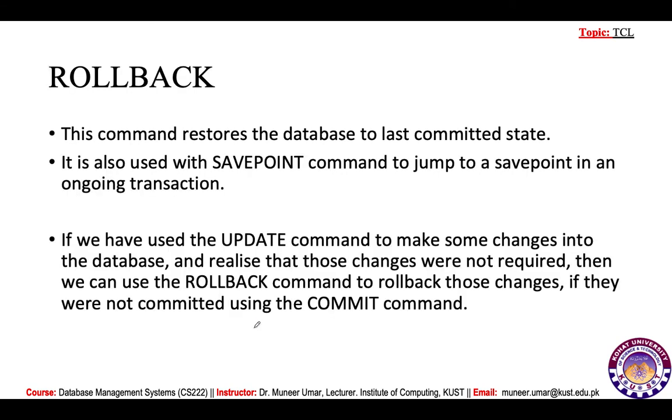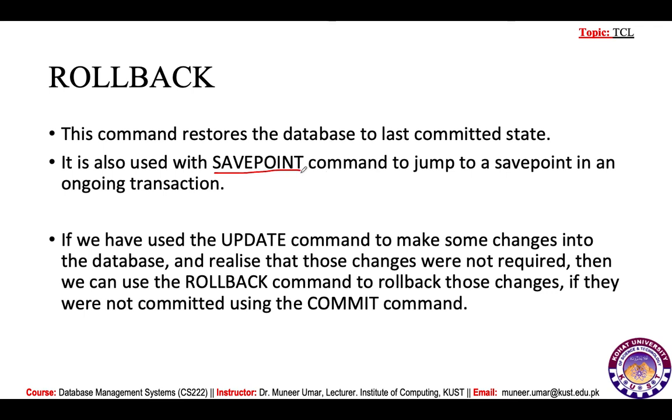Then we have rollback. This command restores the database to last committed state. Rollback is useful until the commit has not been executed. It is also used with save point. If you remember in the last lecture, which was about the transactions, we studied about the save point, and we also referred this save point as check point.